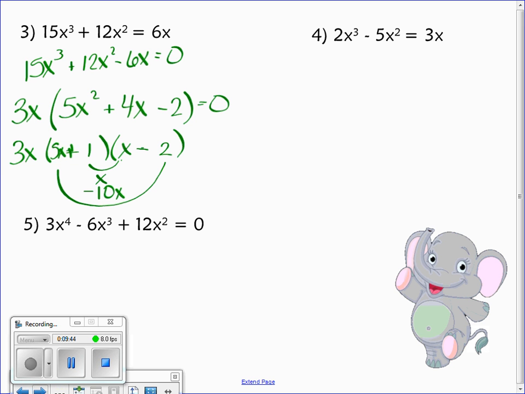Okay, so it doesn't factor further, right? So I was able to factor it to here. My directions are still to solve. If I distribute, I go right back to where I started. Well, I know one of the answers right now. One of the answers is 0.